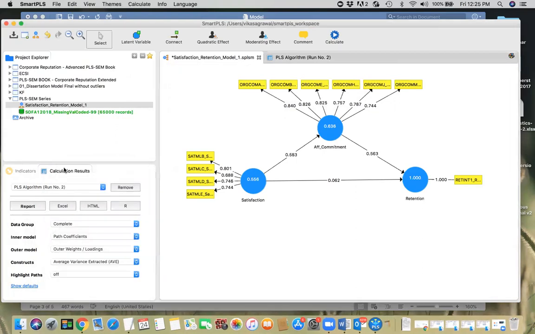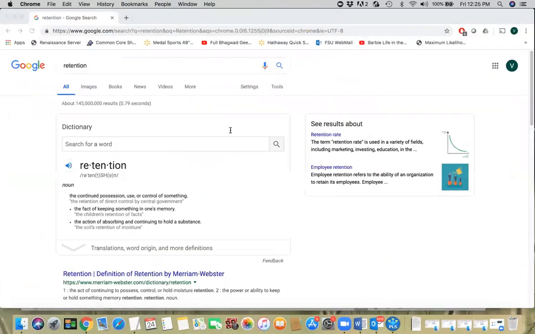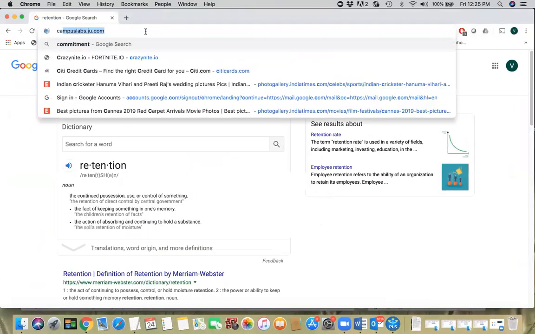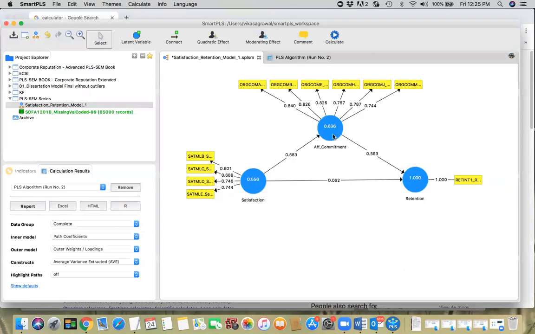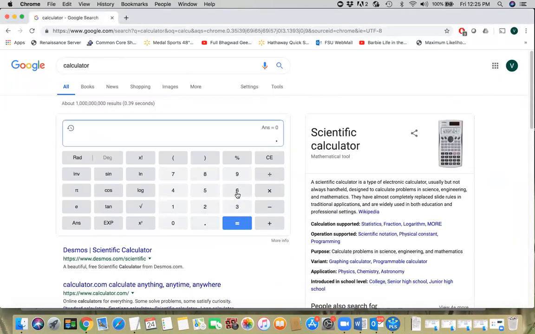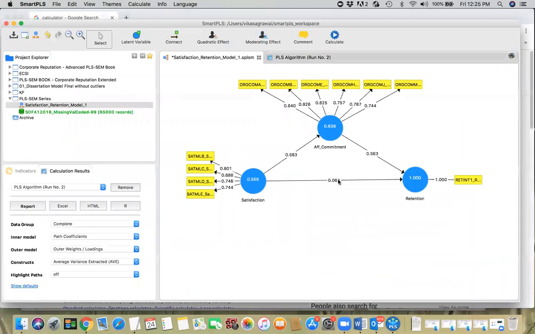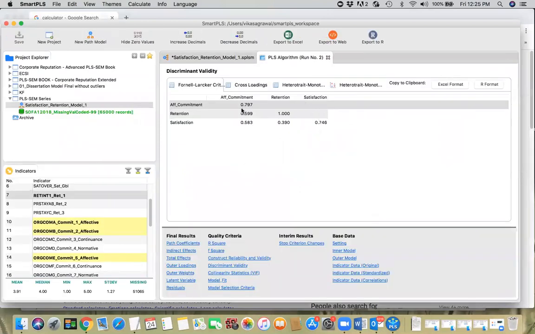Probably we can go to Google and search calculator. Okay, this is better. Let's say 0.636, and take the square root of it. Square root of 0.636, right? Yeah, 0.797. And that's what we get here, 0.797.